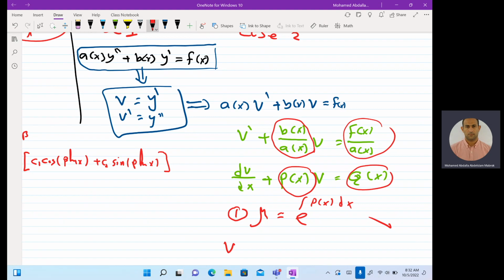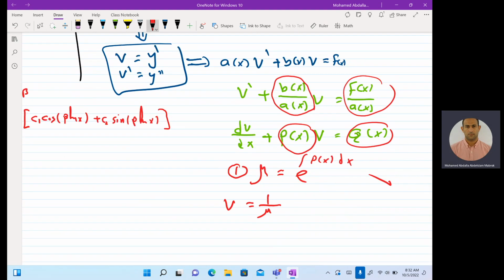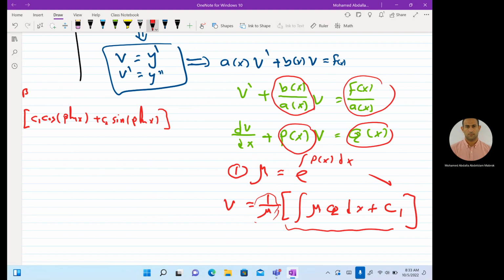And then v equal 1 over mu, or you could multiply mu times v and then divide, it's both the same, equal integration mu times q dx plus a constant. Please call this constant C1. And one important fact is that 1 over mu multiplies everything, including the constant. Don't forget that part.